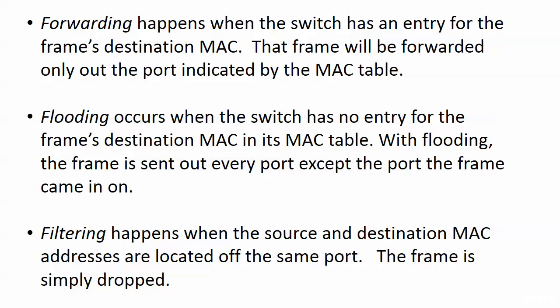We don't get to say many nevers in networking. You've probably already caught on to that, but if you're new to it, there always seems to be an exception to the rules we have, but there is no exception to that. Frames are not going to go back out that same port. If a frame comes in a port, a copy is not going to be sent back out. Finally, filtering, we saw that.